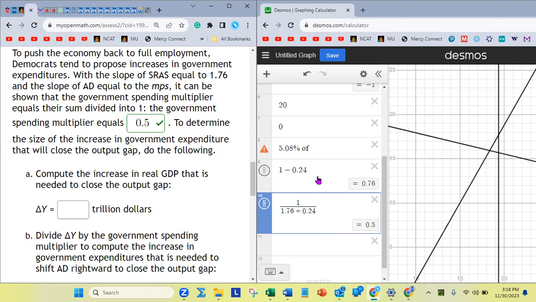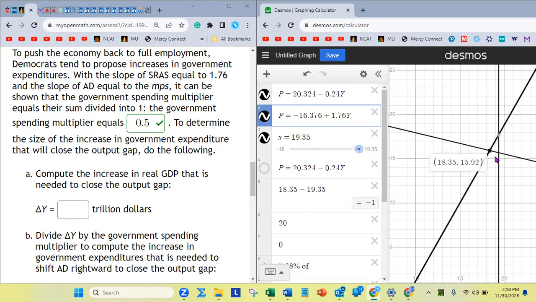Now, we need to remember that GDP is less than what it should be. It should be 19.35, that's potential GDP. It's currently 18.35, so we want to increase it by 1. 18.35 plus 1 is 19.35.